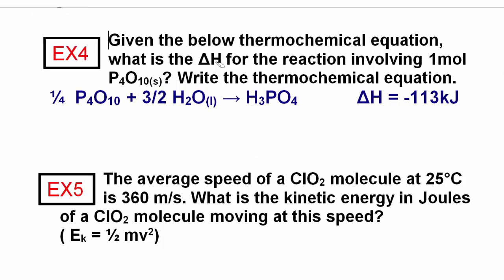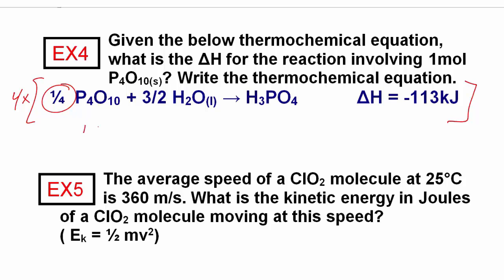Given the below thermochemical equation, what is the change in enthalpy for the reaction involving only 1 mole of tetraphosphorus dicoxide? Write the thermochemical equation. Well, if we want this to be a 1, pretty much just multiply everything through by 4, right? And we'll have it.